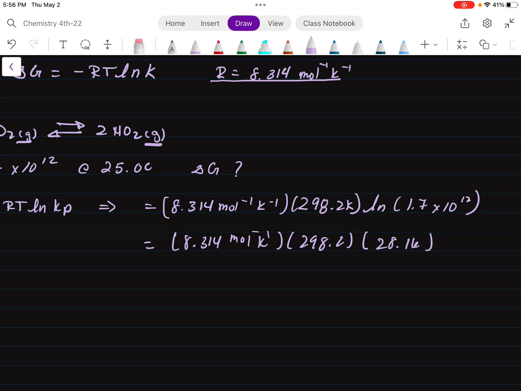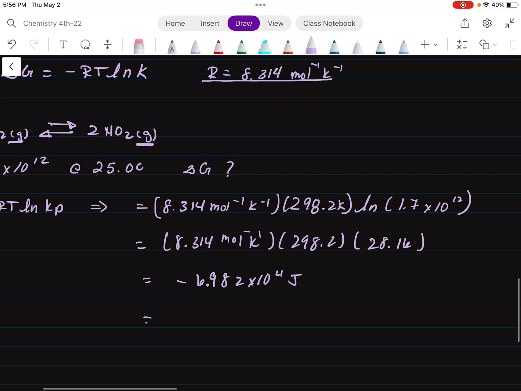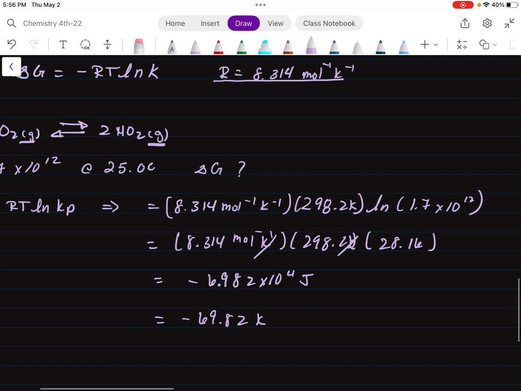If we simplify this further, we get negative 6.982 times 10 to the 4 joules. And if we want it in kilojoules, it's just going to be negative 69.82 kilojoules. Kelvin cancels here.